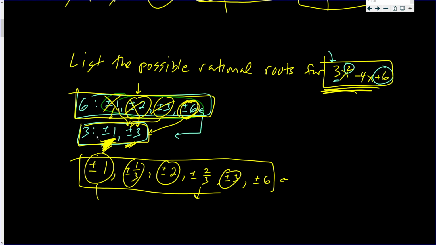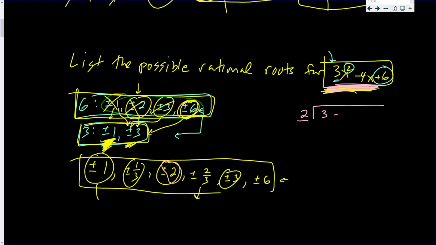You use synthetic division. Remember, if positive 2 is a root, that means when I plug 2 in here, I'm supposed to get 0. Well, I know how to evaluate that at 2. I can just do synthetic division with 2 in front.